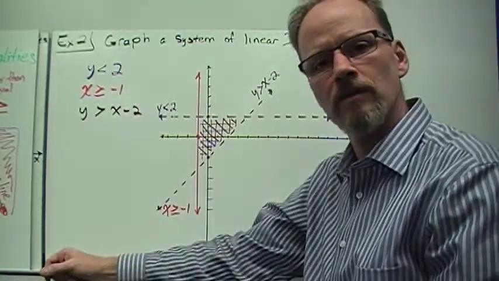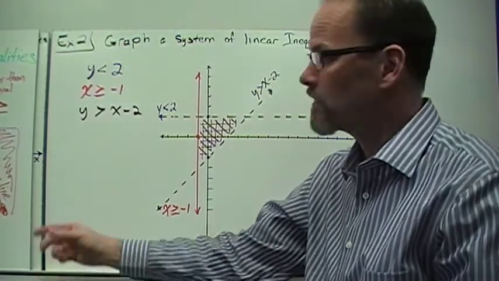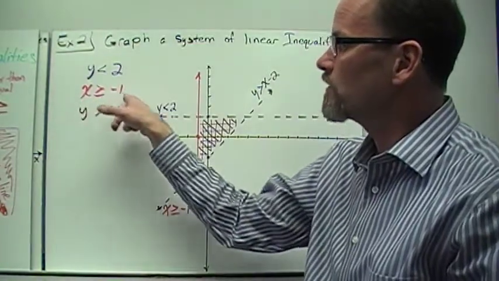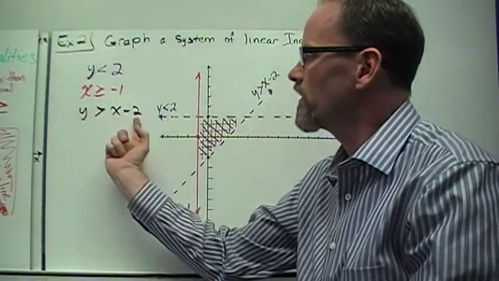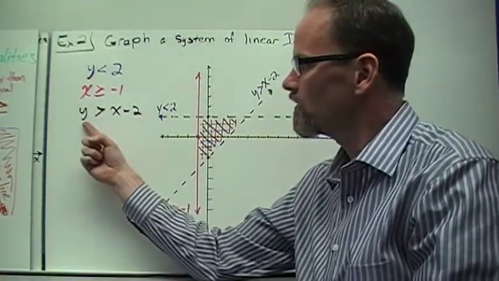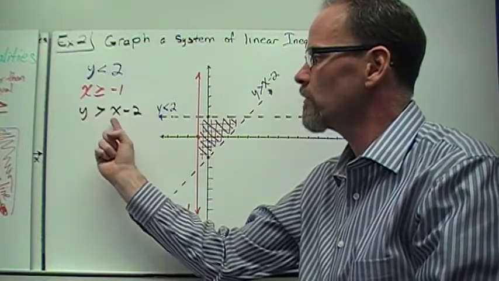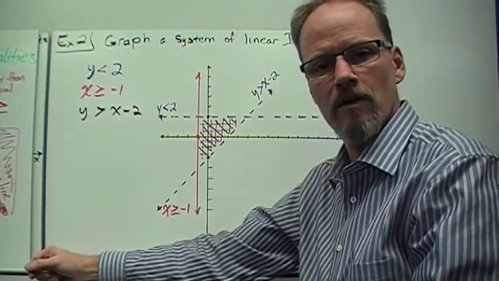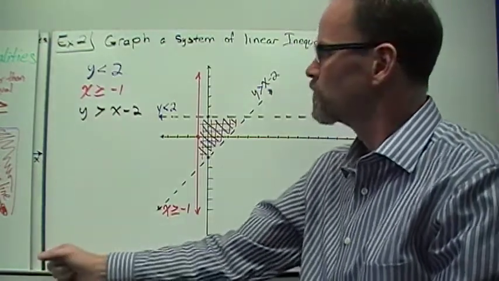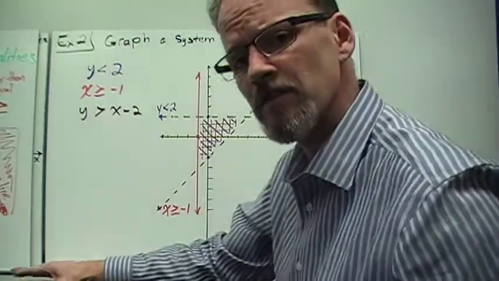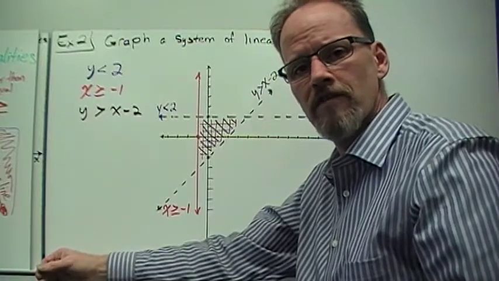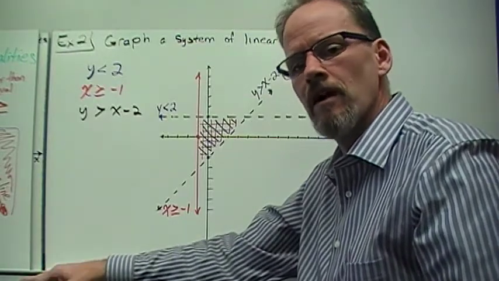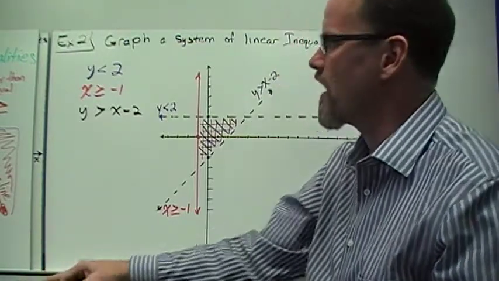Y less than 2 is nothing other than the y-intercept. X greater than or equal to -1 is an x-intercept. And then this one here takes a little more doing, but it is already in y equals mx plus b form, or minus b in this case. So we don't have to put it in slope-intercept form to graph this out. Let's just go ahead and do the graphing.